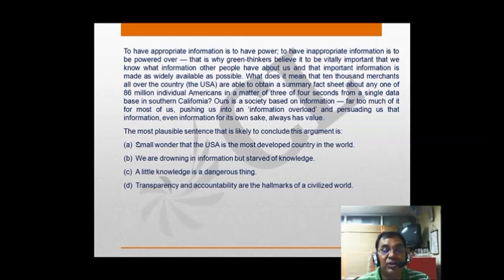The one about the most developed country is a positive statement. We are drowning in information but starved of knowledge. It can be the conclusion. A little knowledge is a dangerous thing. Knowledge is not the thing, information is the thing. So immediately we can get to it. B is the answer, because the last one is again about transparency and the hallmarks of a civilized world. It's about information, and information is given here. So therefore, this will be the answer.